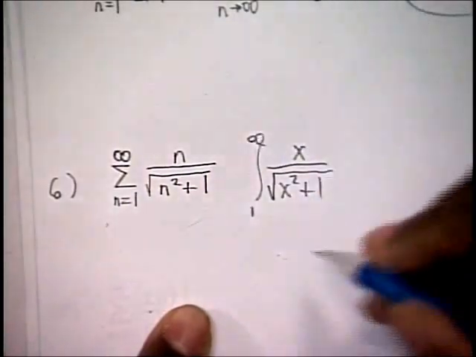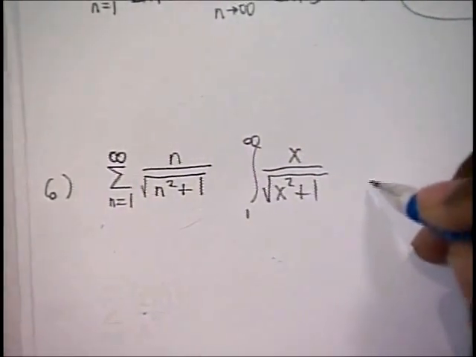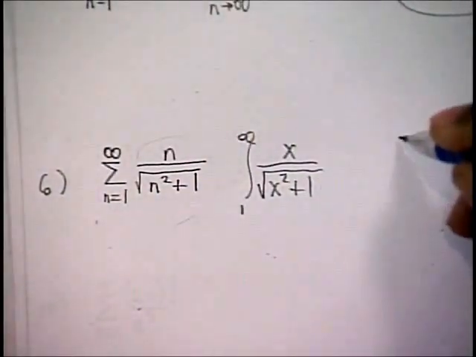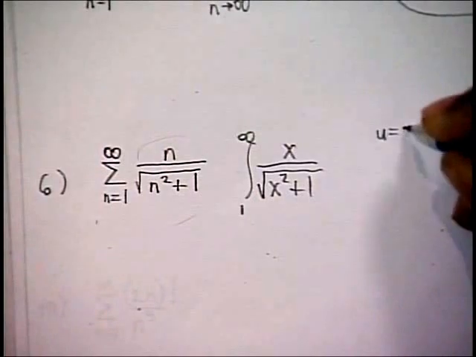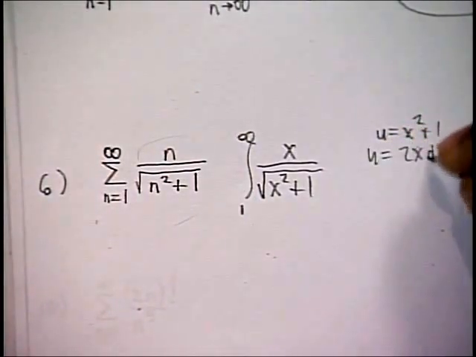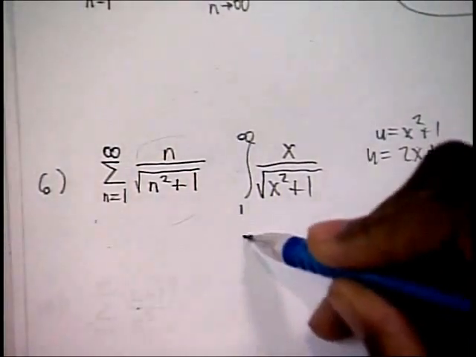All right, so you can integrate this by using u substitution. u is equal to x squared plus 1. du is 2x dx. So let's take the antiderivative of this from 1 to infinity. Pull out that half.